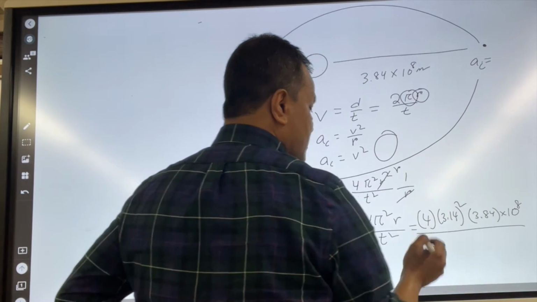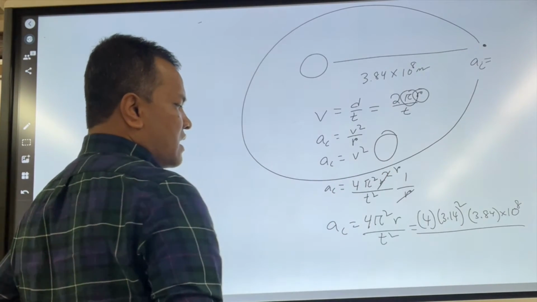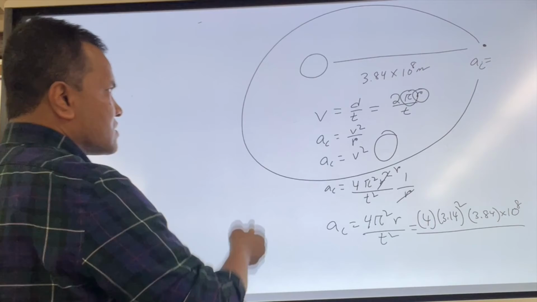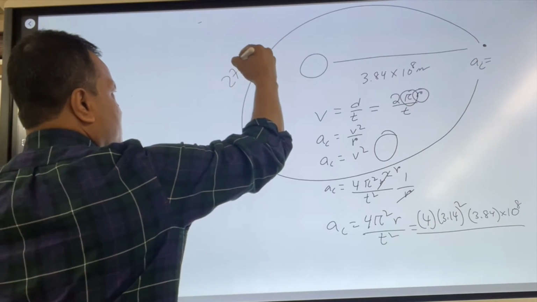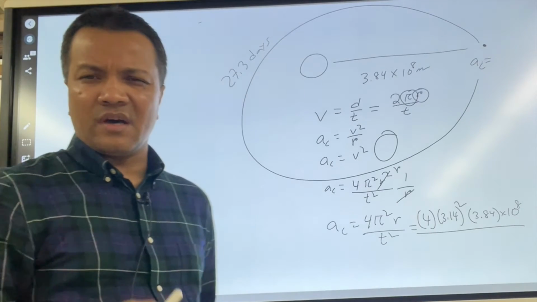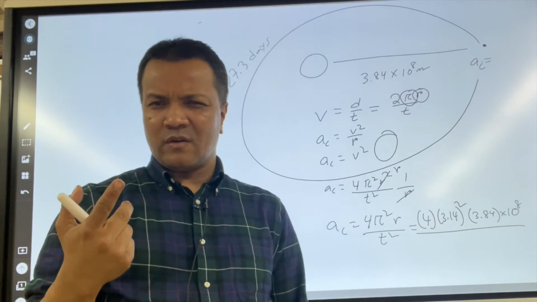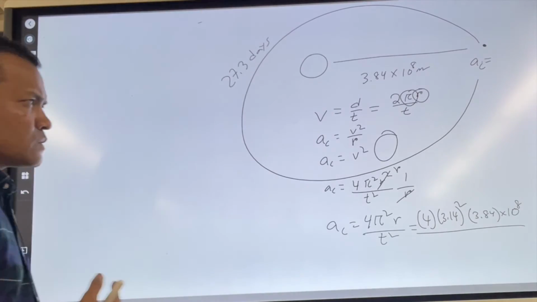Alright. And divide everything by t squared, and t you already know: it takes 27.3 days for the moon to make one revolution or one cycle, or to move 2 pi r.